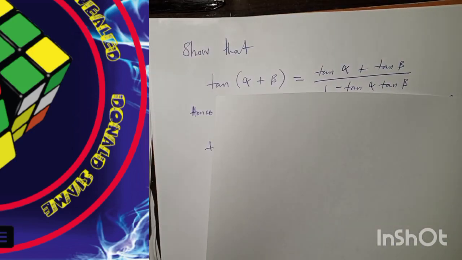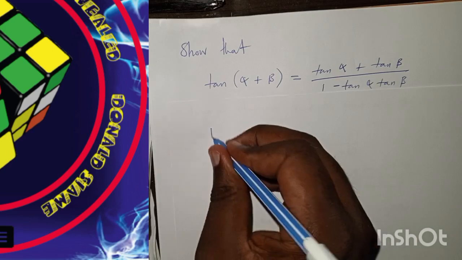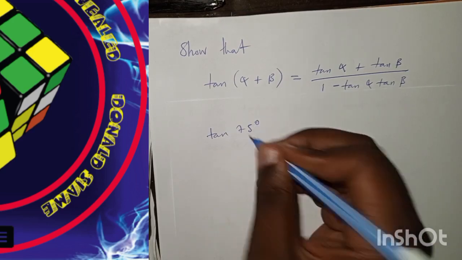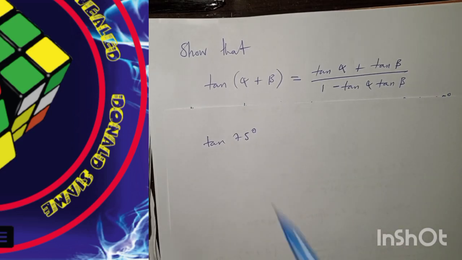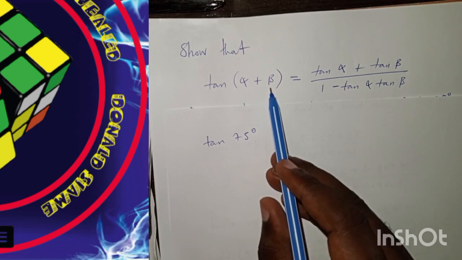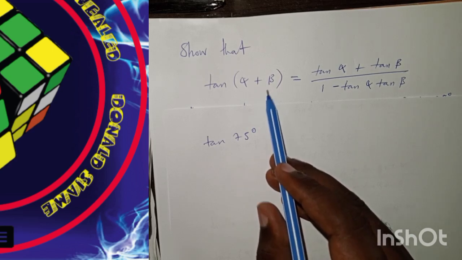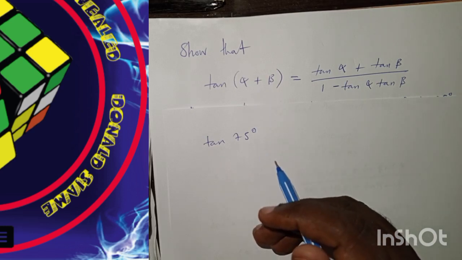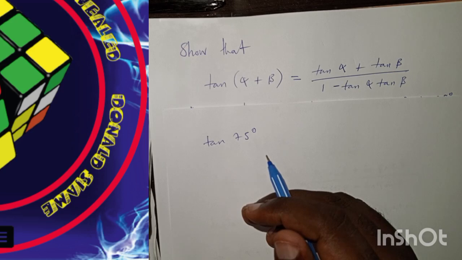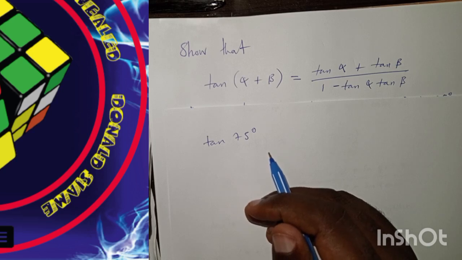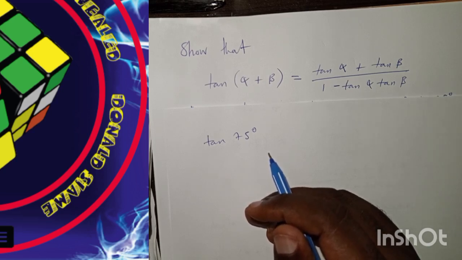Tan 75 degrees. So this 75 degrees must be written in form of alpha plus beta. So how are we going to write it in form of alpha plus beta? So what you do is come up with two numbers which are going to be special angles, because I'm sure we are not supposed to use a calculator for this one.